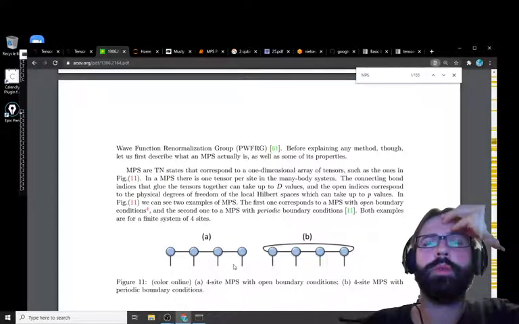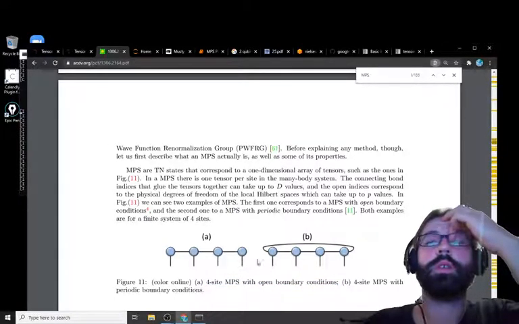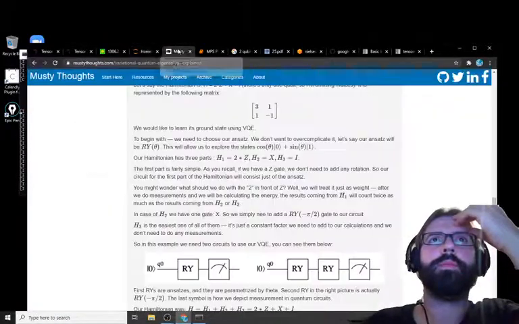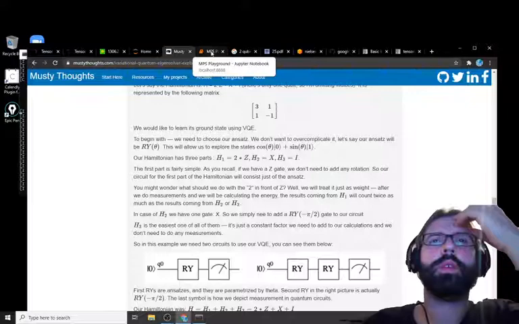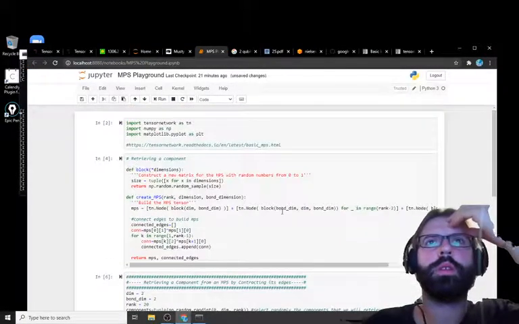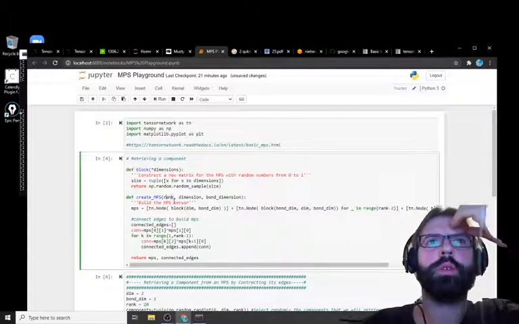One, two, three, four. 4 site MPS with open boundary conditions. If I want to have, so build an MPS tensor.